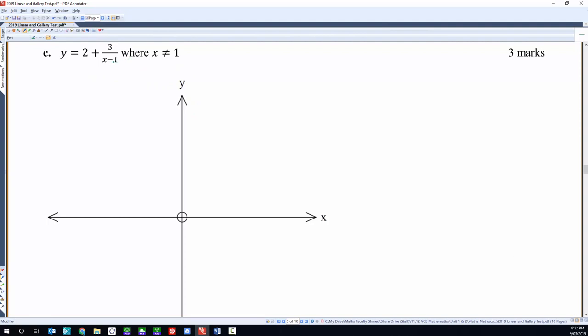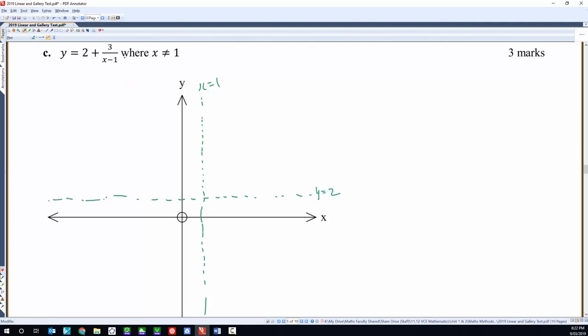So we're noting that the asymptote here, or the vertical asymptote, occurs at 1. Okay, so that's x equals 1, and the horizontal is at y equals 2.